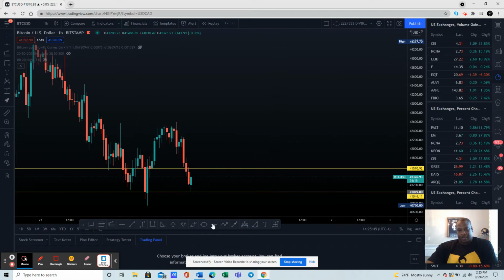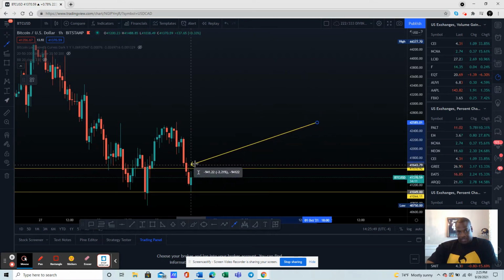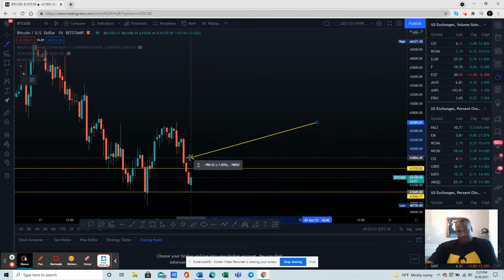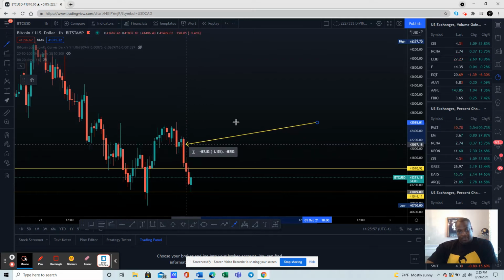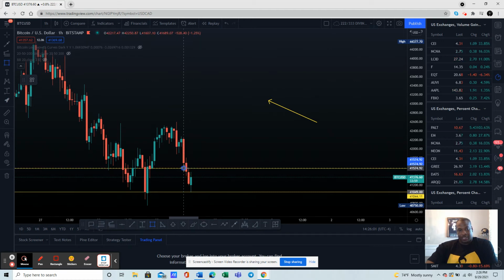So what I mean by that is, let's say we did engulf this red candle and we start to get a little bit of green. I got to worry about this, I got to worry about this, and I got to worry about this. So this is what I'm already seeing. I'm seeing that I don't have clean traffic to run. I got that area. I'm sorry, wrong one.